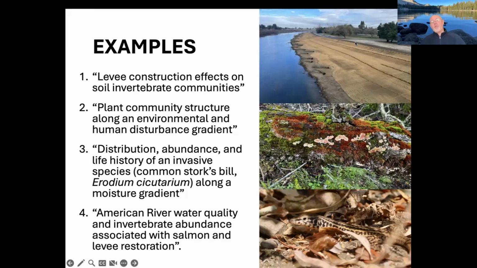So one group did a project looking at levee construction effects on soil and vertebrate communities. Plant community structure along an environmental and human disturbance gradient was another project. Distribution, abundance, and life history of an invasive species along a moisture gradient. And American River water quality and invertebrate abundance associated with salmon and levee restoration.